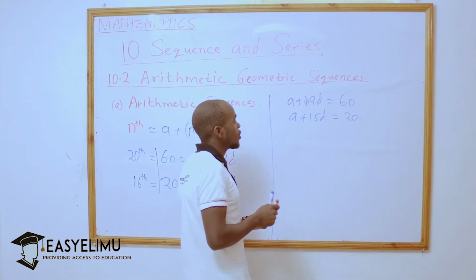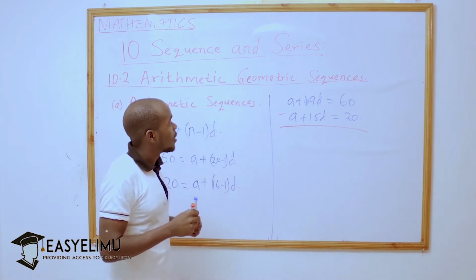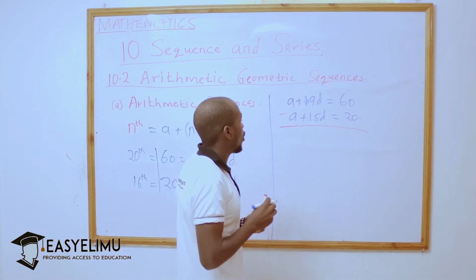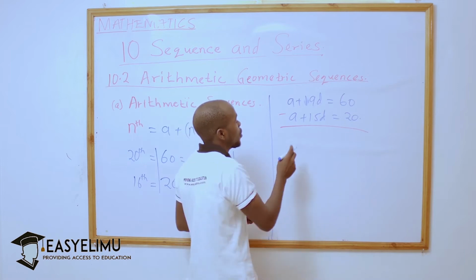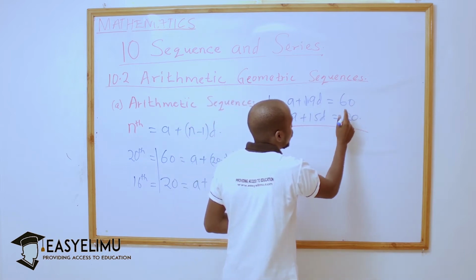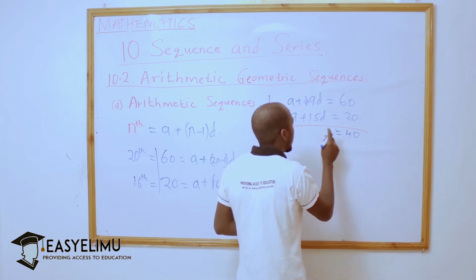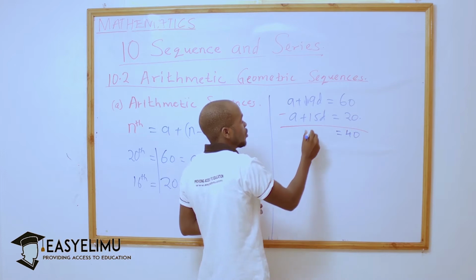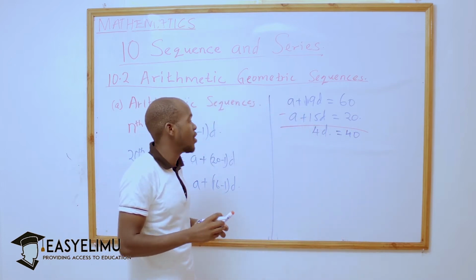And here to obtain those values, we shall subtract the two equations to eliminate one of the unknowns in order to find the other. If we do that, 60 minus 20 gives 40, 19d subtract 15d gives 4d, and a subtract a gives 0.